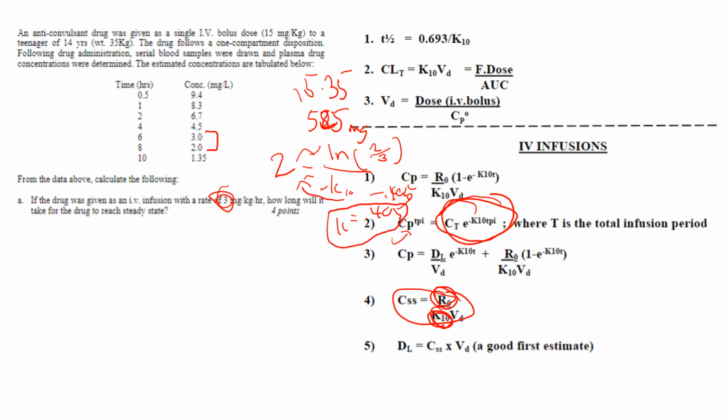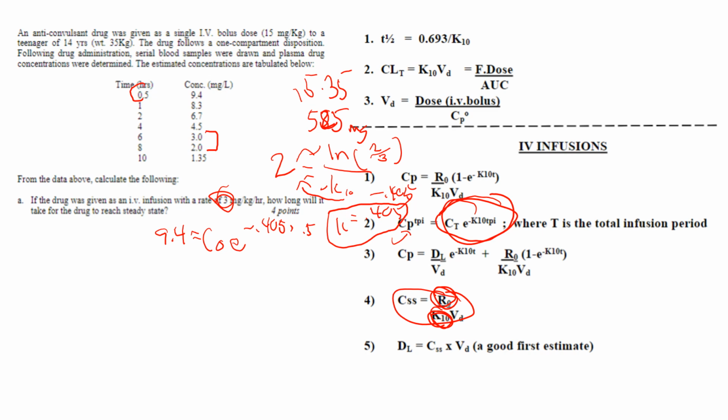So what we can do is solve one side. We know that, let's say at time 0.5 hours, we have a concentration of 9.4. It's equal to the concentration of the plasma at time 0. We don't know what that is. But what we do know is that e to the negative 0.405, that's our K value, times 0.5 hours is equal to this.